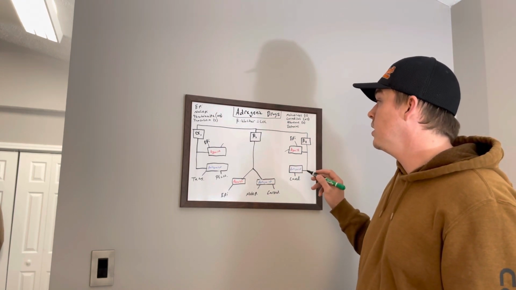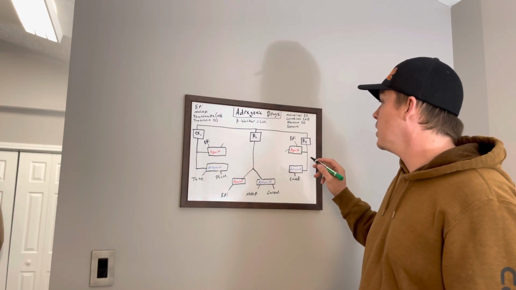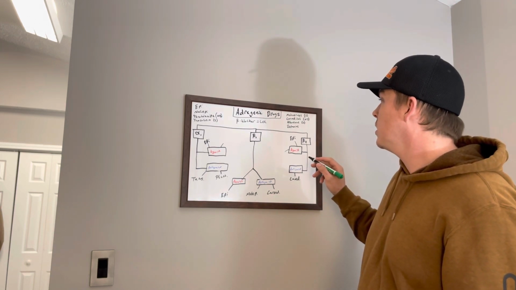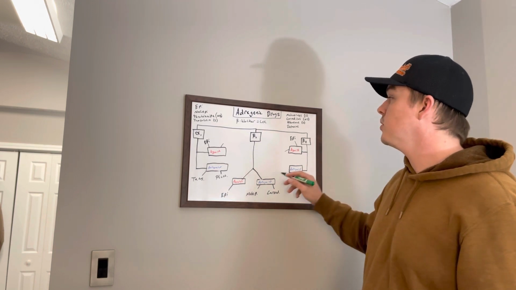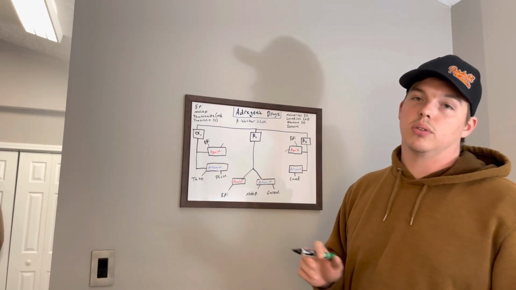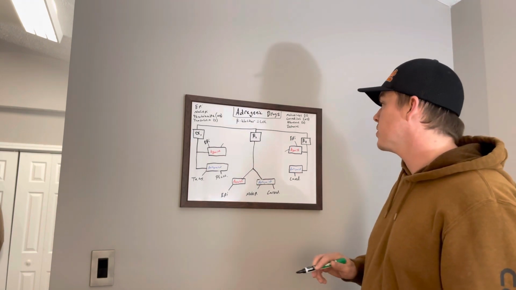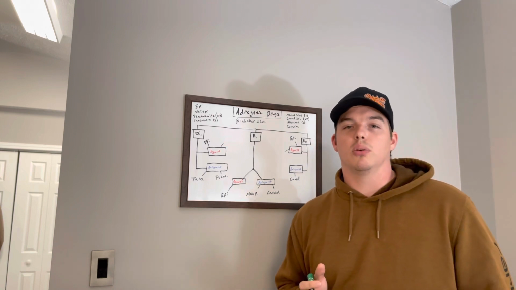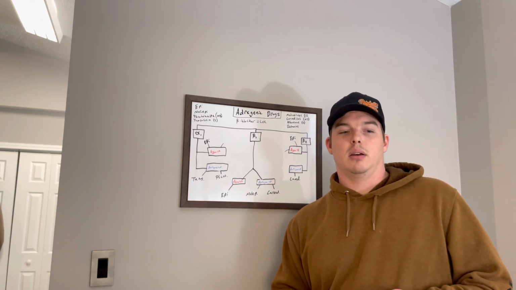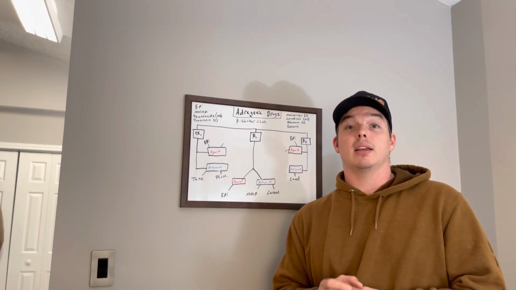And then let's hit albuterol, and then we're going to jump back to norepi here in just a second. So albuterol is a beta 2 agonist. It is a bronchodilator.